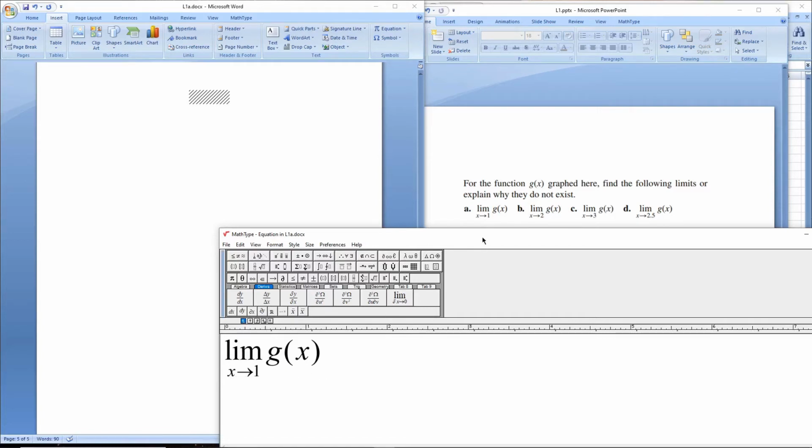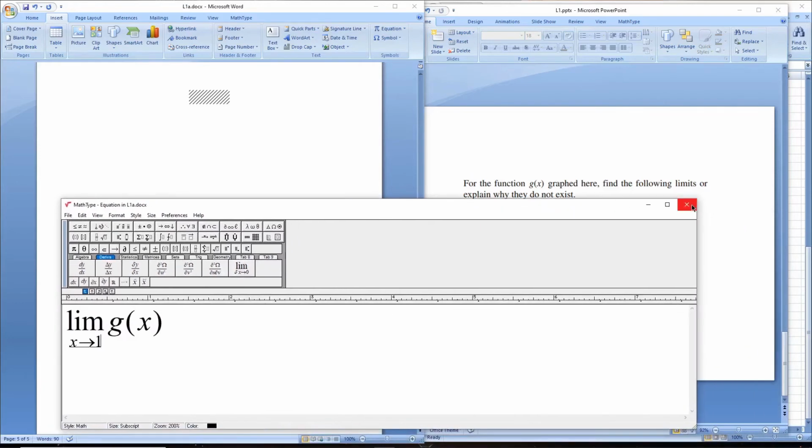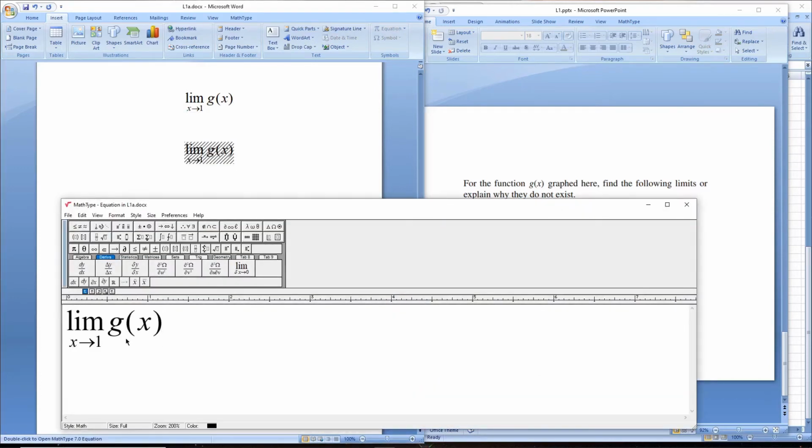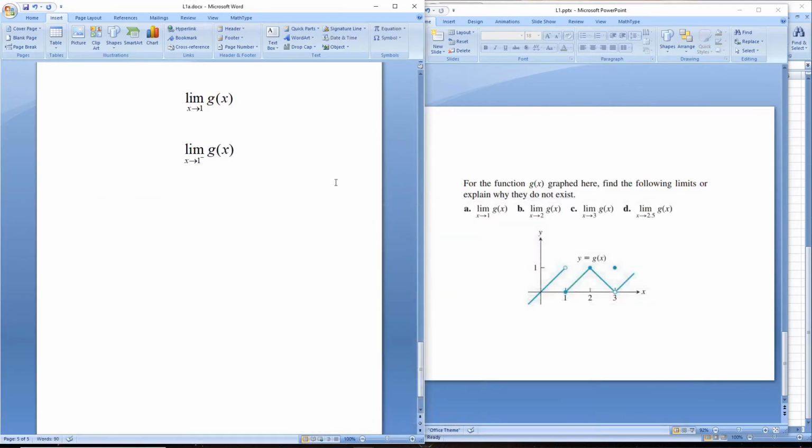Now, first off, notice the 1 has no superscript. That means this is a two-sided limit, and we have to check from the left and the right and see if they equal. So let's first check this from the left. With graphs, in class, I like to draw a little person that walks on the function.